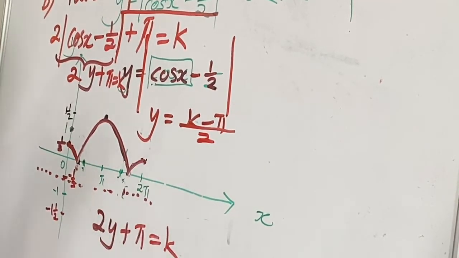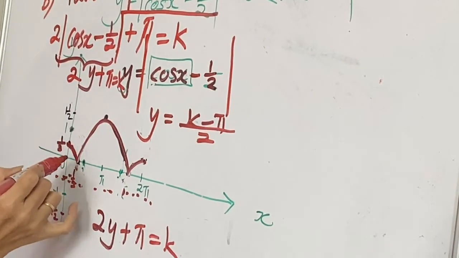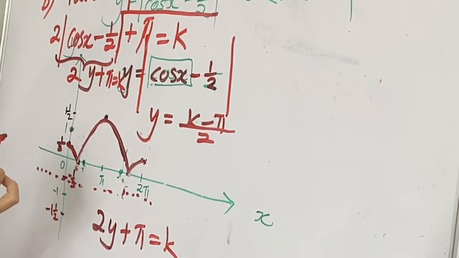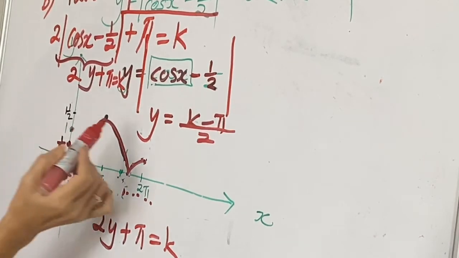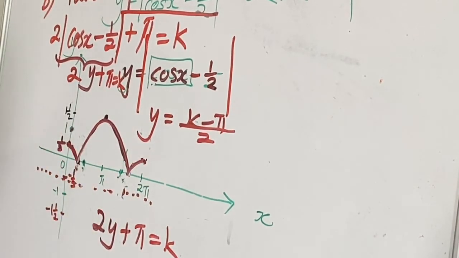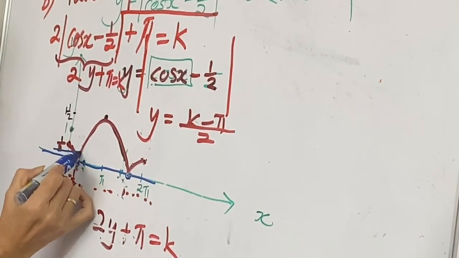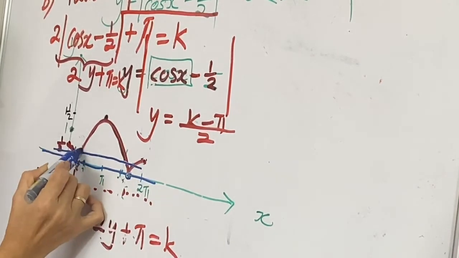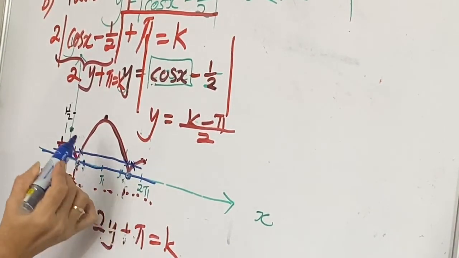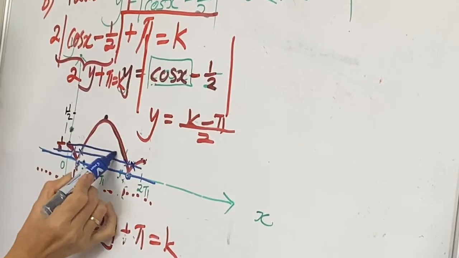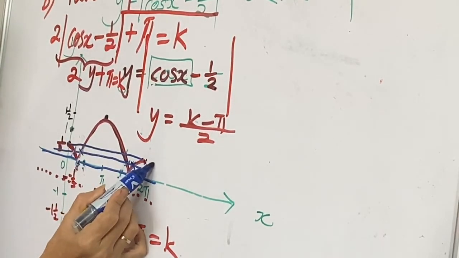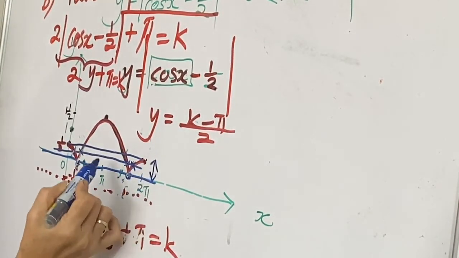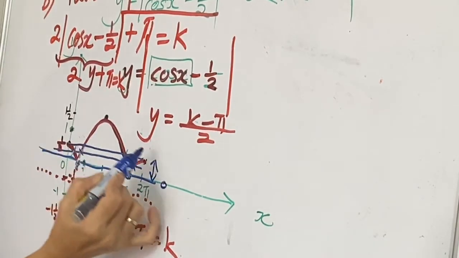The next part is, if there are 4 solutions, that means we have 4 intersection points for the graph. You can see here 1, 2, 3, 4. So the range of y should be between 0 and half.